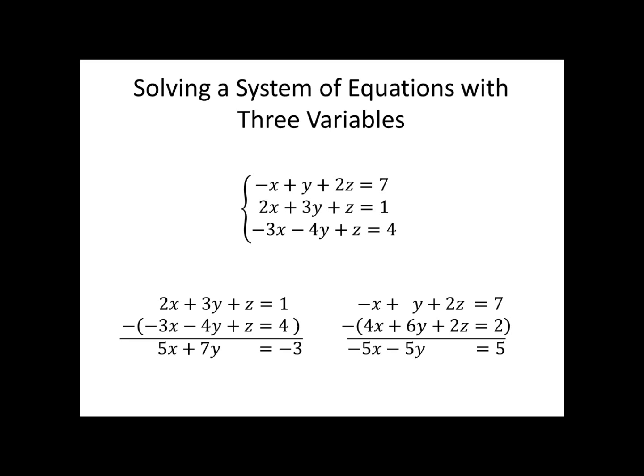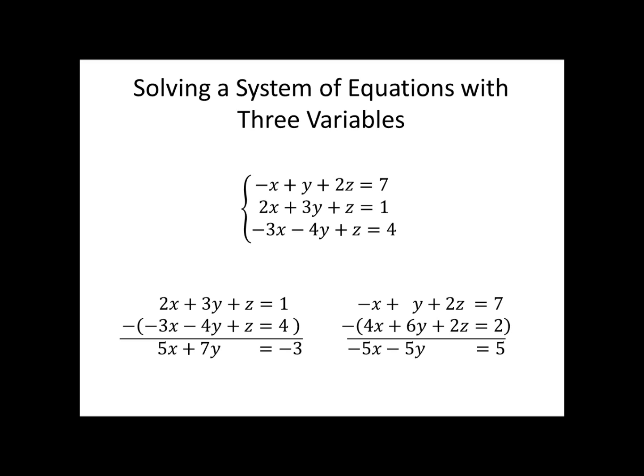Now I need to use the top equation, the one I haven't used yet, and one of the equations that I have used to eliminate the same variable again. So in order to get the z's to match up, either equation I use, I'm going to have to double it so that I end up with a 2z. So I'm going to take the first equation and twice the second equation.